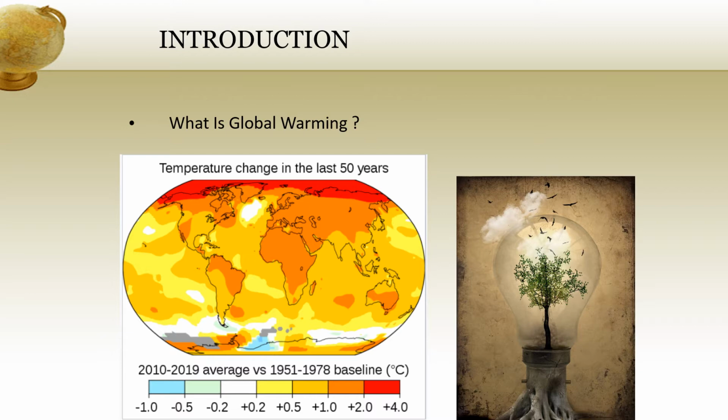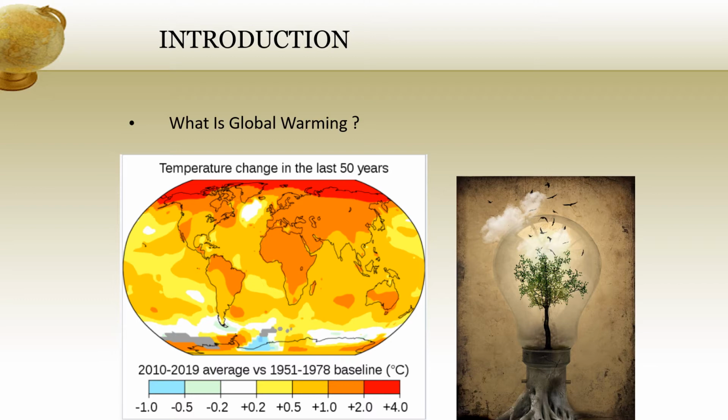While there have been prehistoric periods of global warming, observed changes since the mid 20th century have been unprecedented in rate and scale. In this slide, students, global warming is shown clearly.